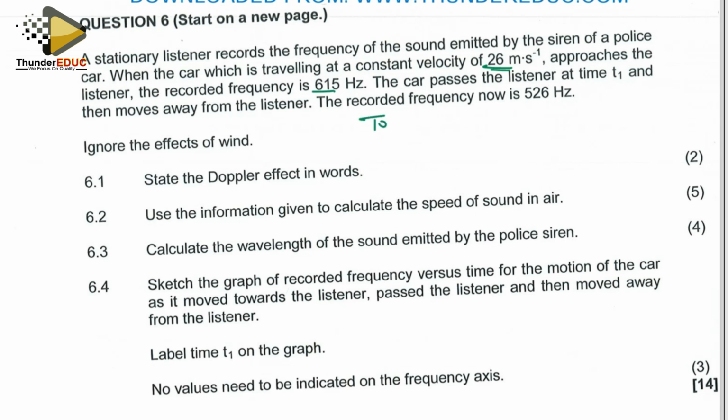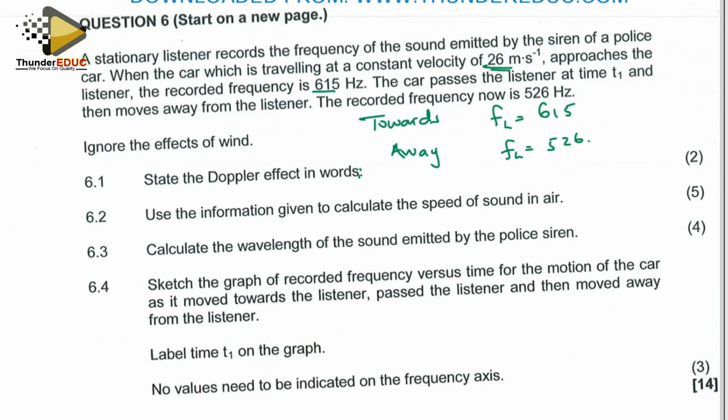Towards the listener, the frequency is 615. Then the car passes the listener and then moves away from the listener. So when you're moving away, the frequency is 526. And then they want us to state the Doppler effect in words.